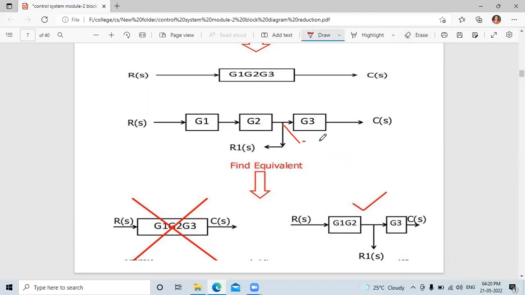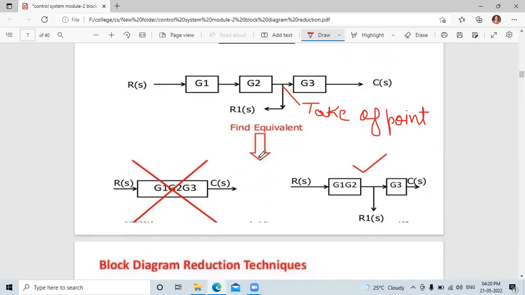So if there is a takeoff point, then we cannot consider these three to be in series.